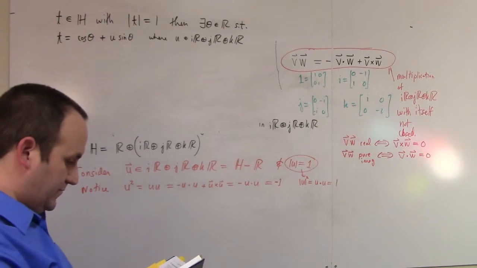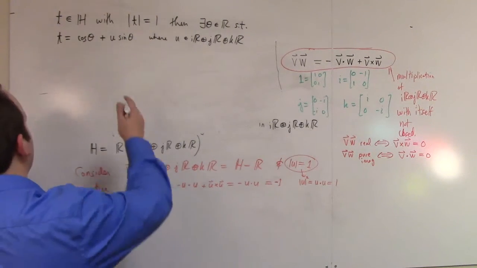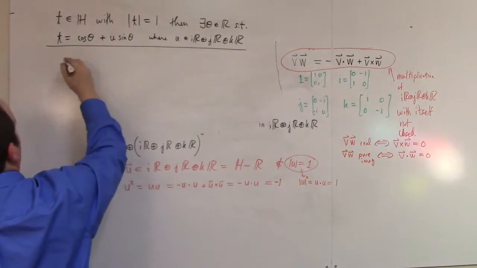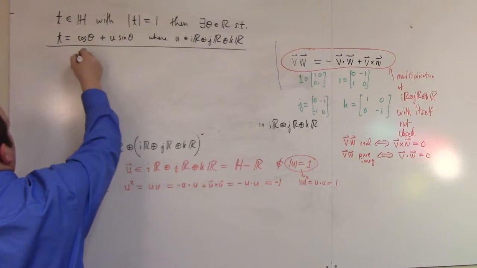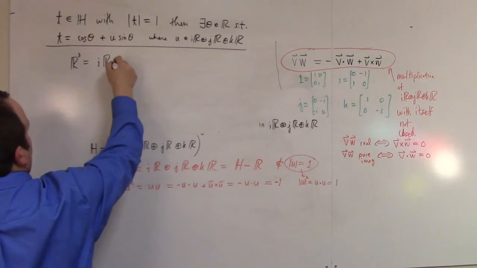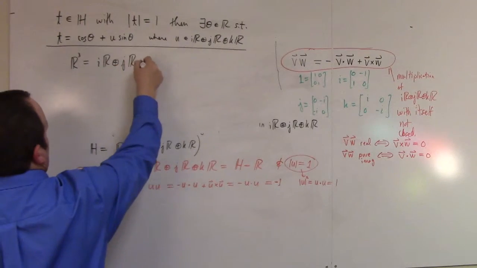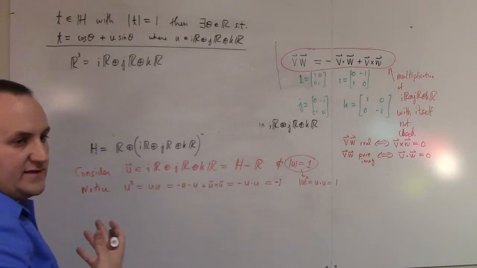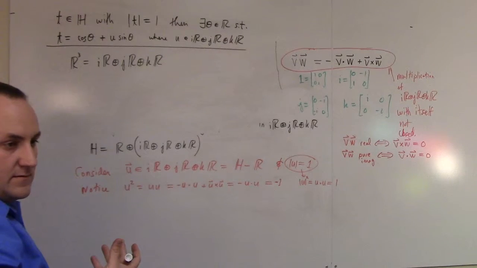But we're really interested in R3, right? So we're hoping that we can identify R3 with these guys, and we want to see how quaternions give us rotations of these.